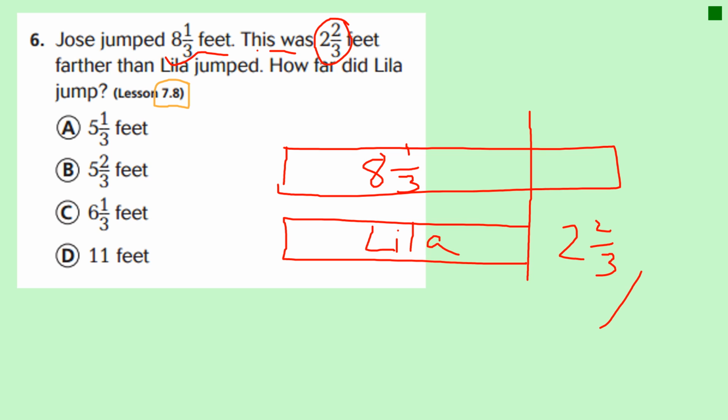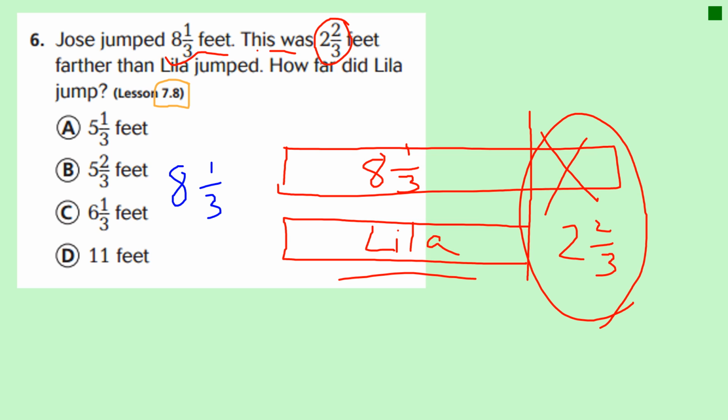So we have to take that 2 2/3 out of Jose's jump, and we will end up with Lila's jump. All right, so let's do a little subtraction. 8 1/3, and let's take away the difference in their jumps, 2 and 2/3.